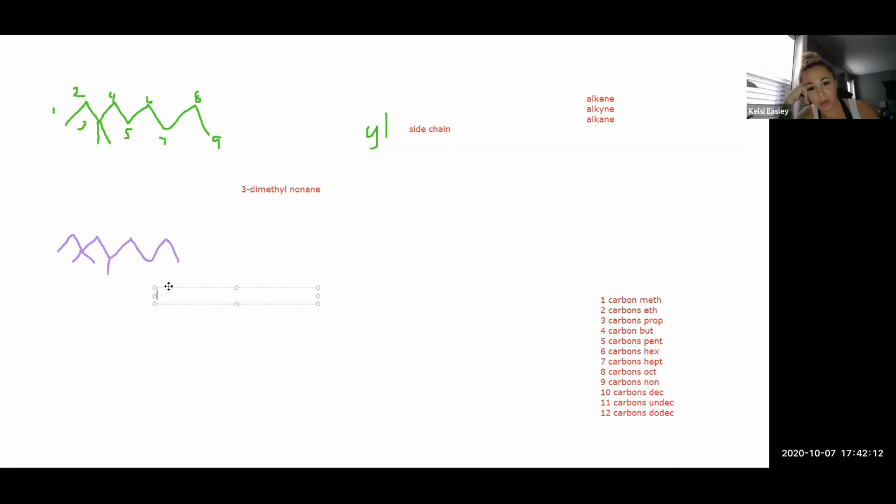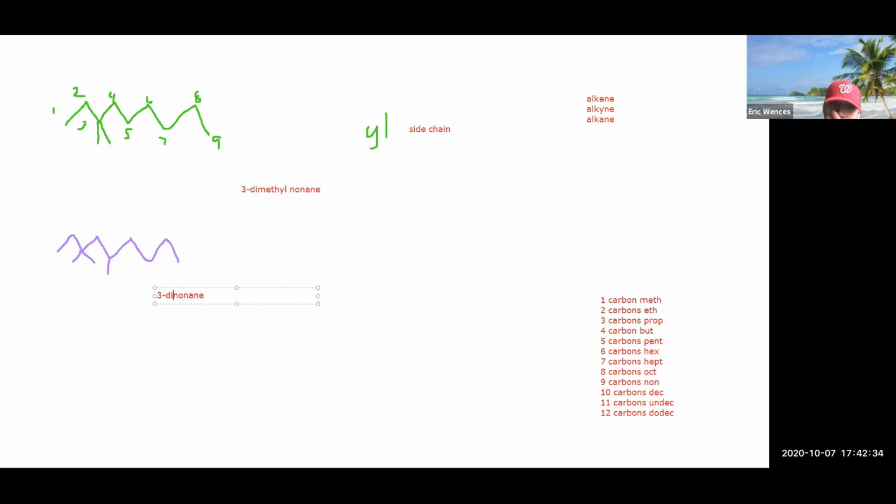Then that would still be a nonane. Okay. It would be 3... dimethyl.